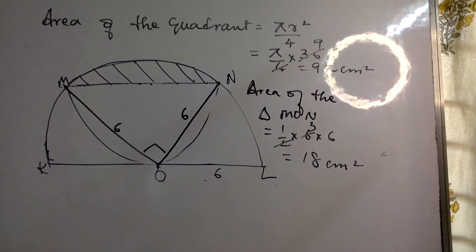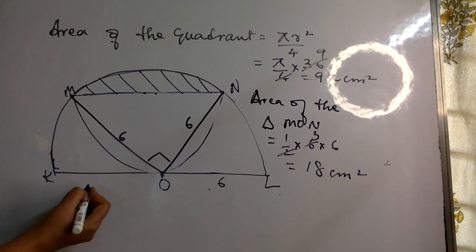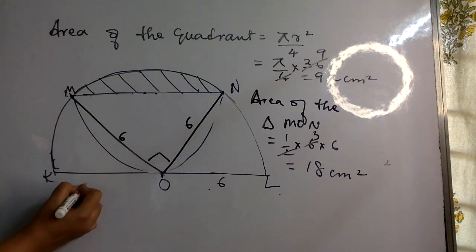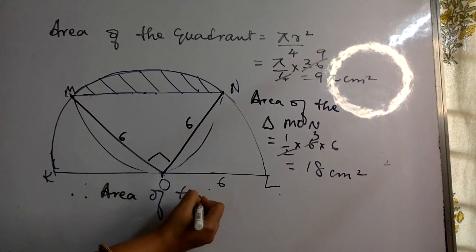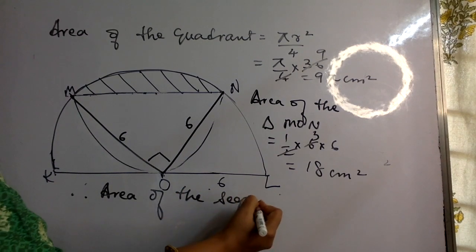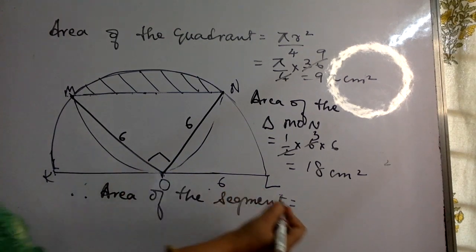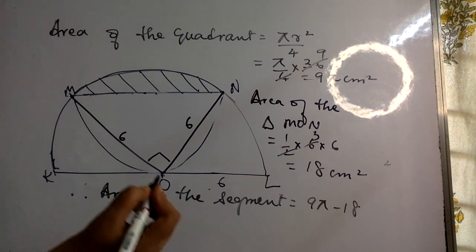Now coming to the next part. We'll have to cut out this triangle from this quadrant. Therefore, area of the segment, that is the shaded region, is 9 pi minus 18, right?